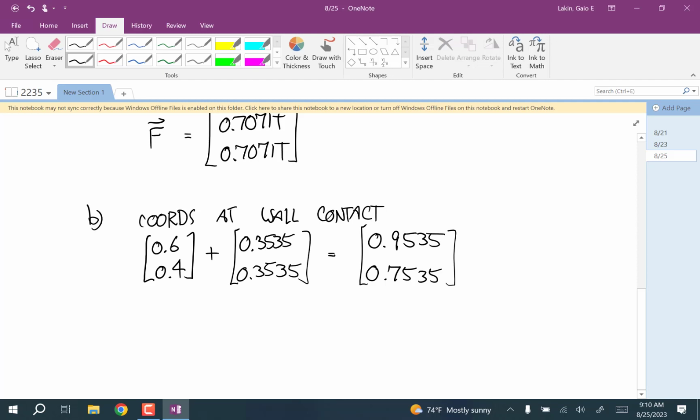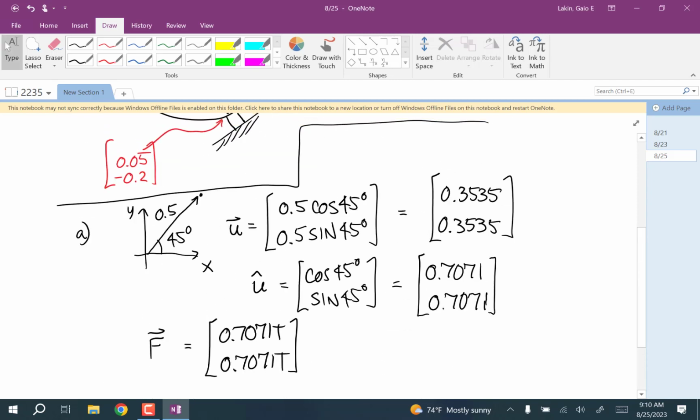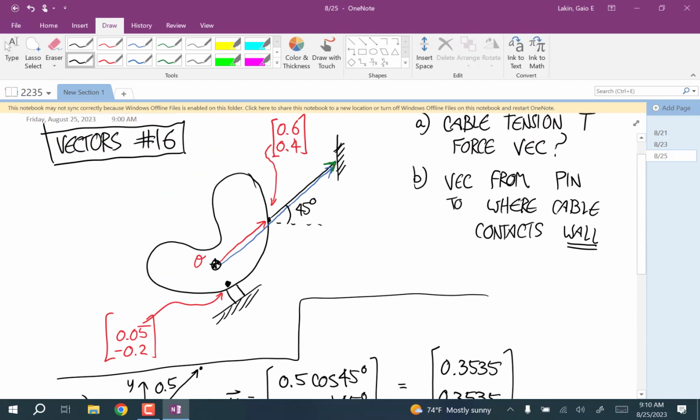Okay, so now we have the coordinates at the wall contact, and now we can just subtract to get the vector. We want the vector, the blue one. No, we don't. We want the vector that goes from the pin down here to there. So we want this gray vector.